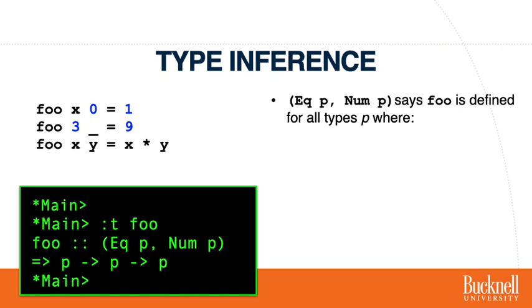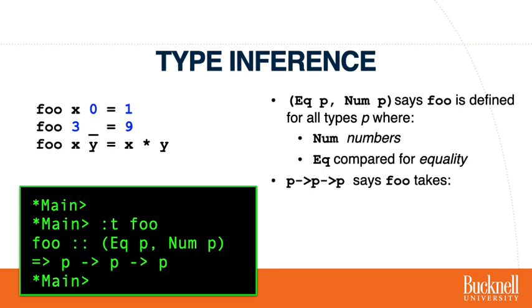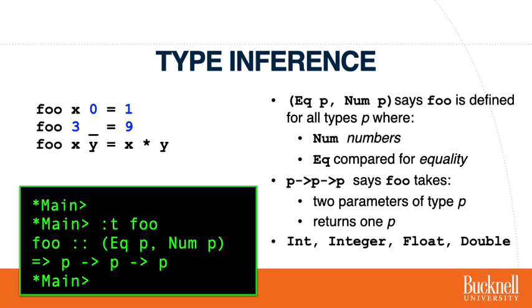Eq a, Num a says that foo is defined for all types p where p is a number and p can be compared for equality. P to p to p says foo takes two parameters of type p and returns one p. This means that p could be an int, integer, float, or double. Foo will work for any of these types.